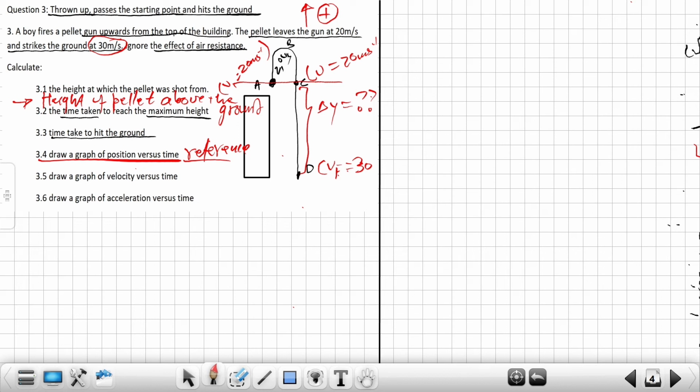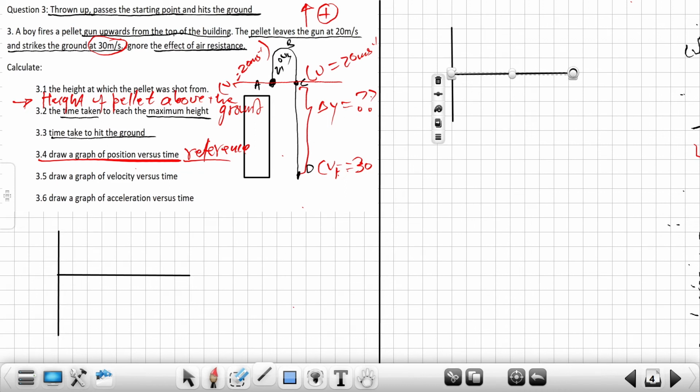So I'm going to draw the first one. Let me have my axis, and then I can also draw my axis this side, the second one there, right? So we all know that we need to have our axis.